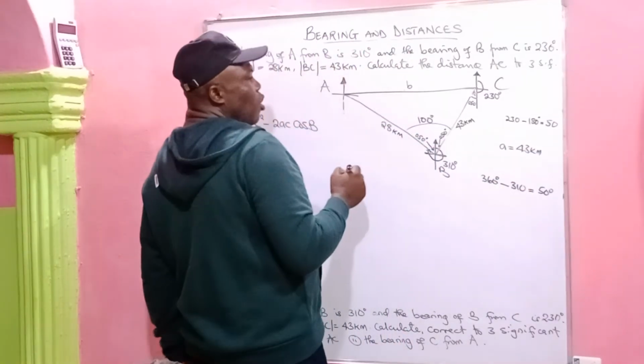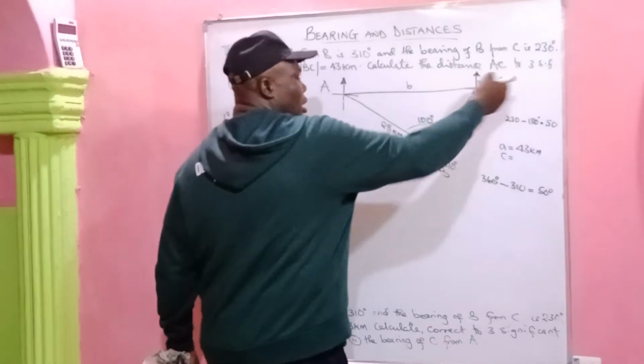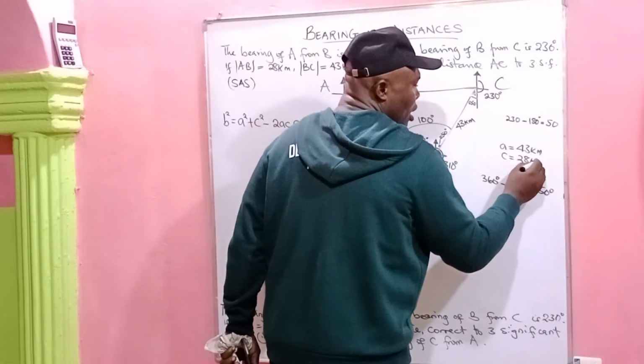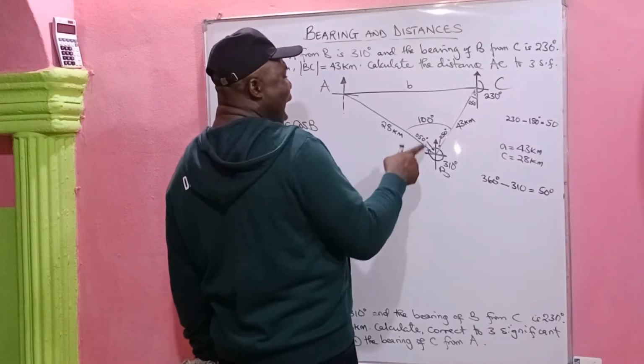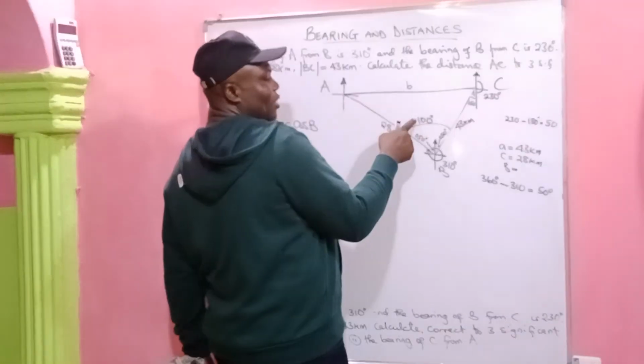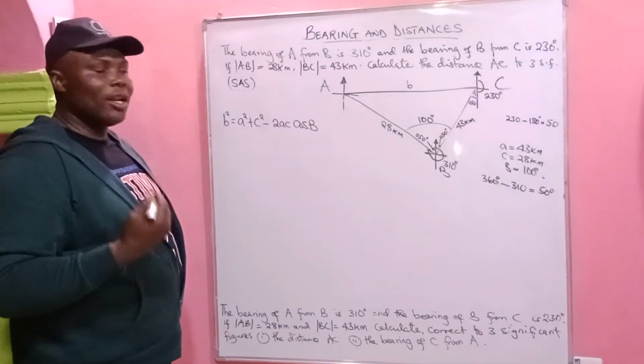Our small c is the side facing the big C, which is this side, 28 kilometers. And we have known the angle at B, the whole angle, which we calculated as 100 degrees. With this information, you can solve by use of the cosine rule.